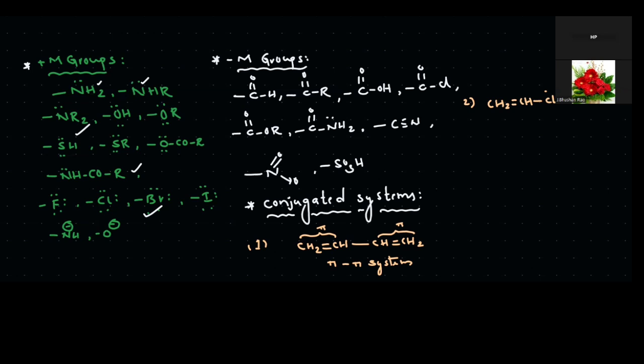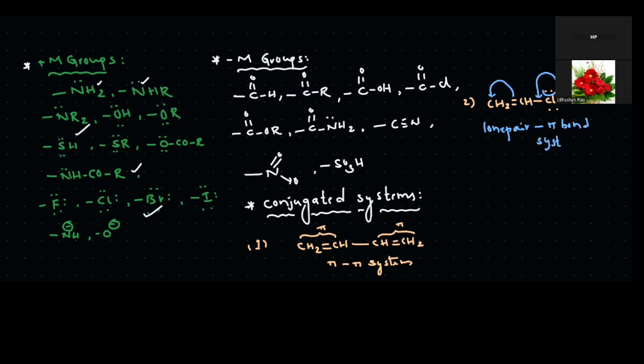This lone pair of electrons donates electrons to the pi bond. So this is another one, a lone pair pi bond conjugated system.